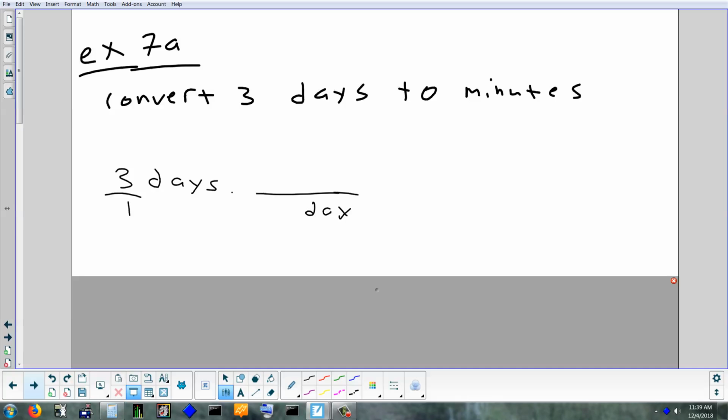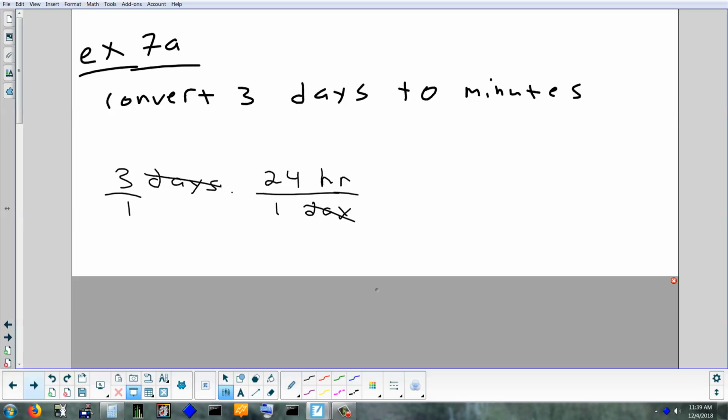Day in the bottom, hours in the top. What's the conversion? 1 day, 24 hours. 1 goes in the bottom, 24 goes in the top. It was either going to be 24 over 1 or 1 over 24. We want days to cancel.